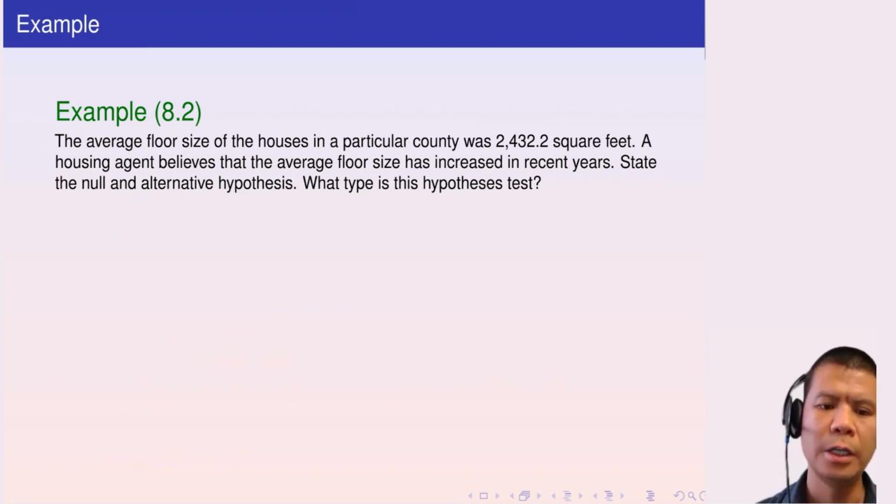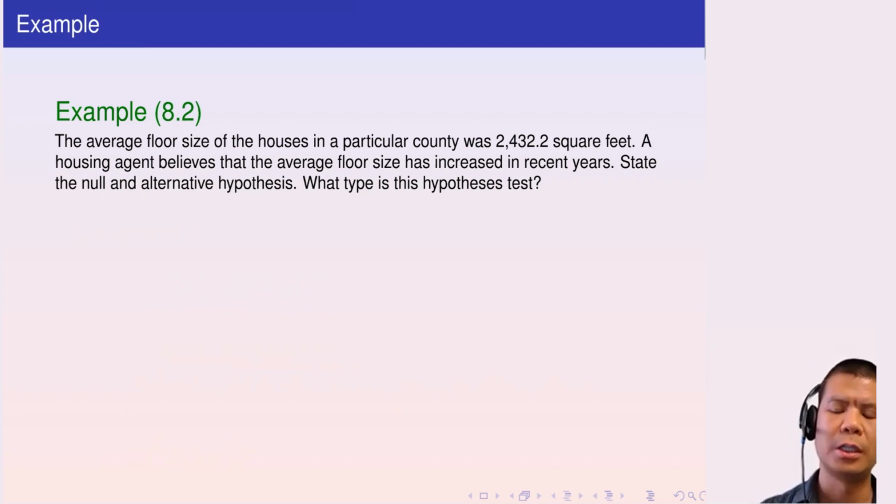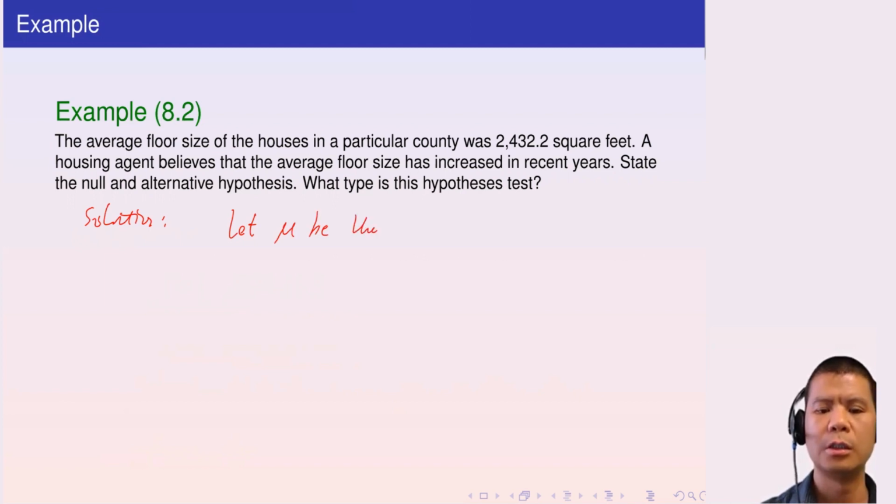State the null and alternative hypothesis and what type this hypothesis test is. Again, solution. Now let's define. Let mu be the average floor size in recent years.